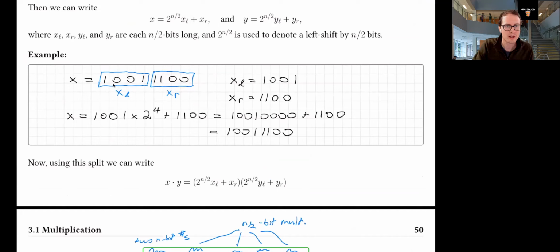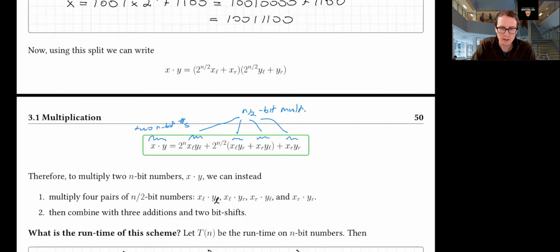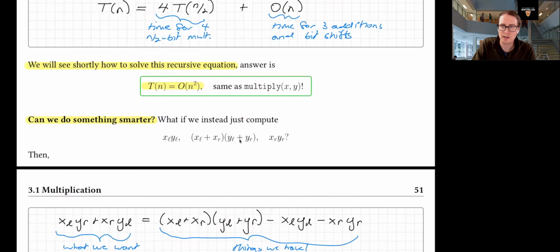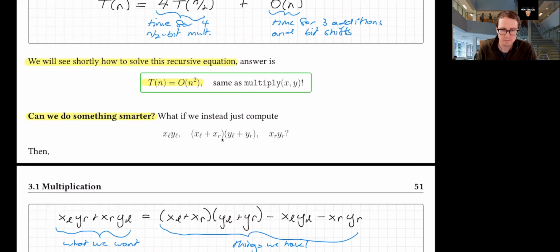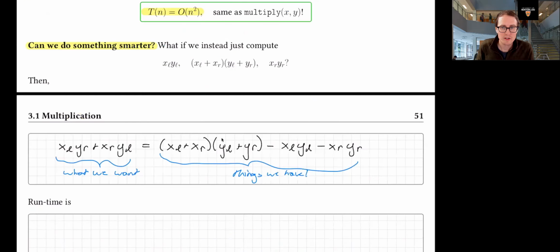To recover x, you have to bit shift x left by 4 bits, or by n/2 bits. So this is just an n/2 plus 1 bit multiplication, which is big O of n/2.